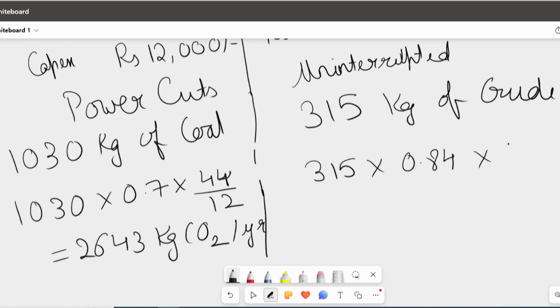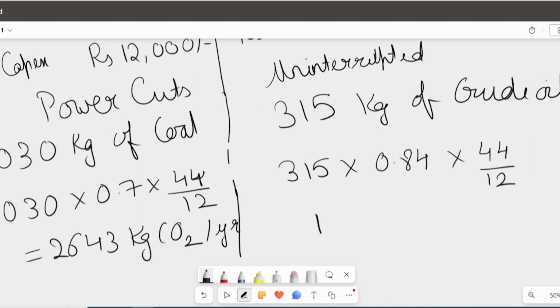Multiplying by a factor of 44/12, which is the molecular weight of CO2 divided by the molecular weight of carbon, this would typically result in a CO2 emission of 970.2 kgs of CO2 per year. So here we can see another trade-off: coal has emissions almost 3 times that of using diesel as a fuel.